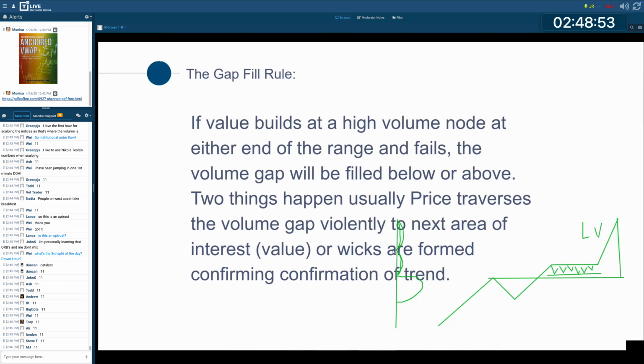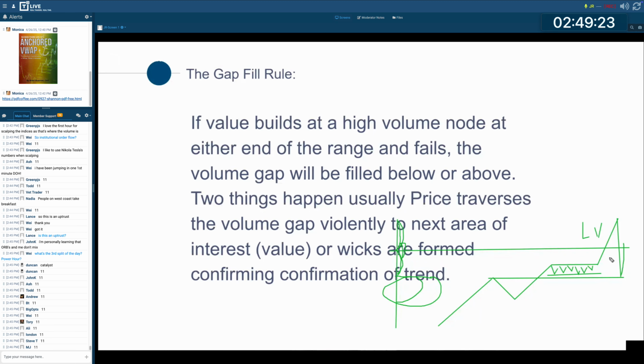Oftentimes, because of the nature of volume gaps, instead of putting in this entire move to the high transactional area of interest, which is here, you'll flush through that volume gap and then put in a bottoming tail and bounce right back, because people are just not interested in transacting through here. So you'll fill the gap and bounce right back.